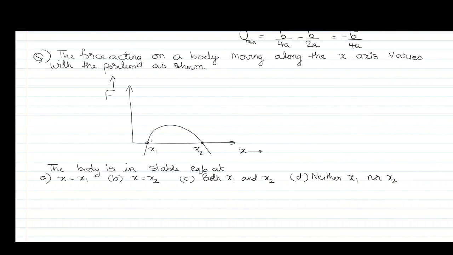Now obviously, at the two positions where force is 0, equilibrium must be present. But we can see that only at this point, at this x2, the slope of the Fx graph will be negative. So this will be the position of stable equilibrium.